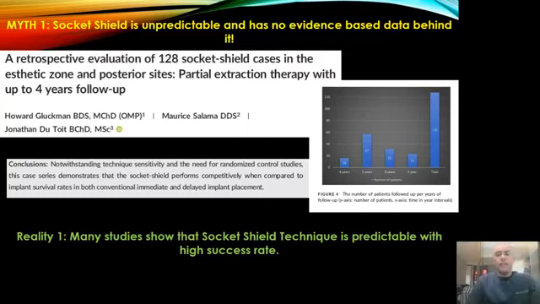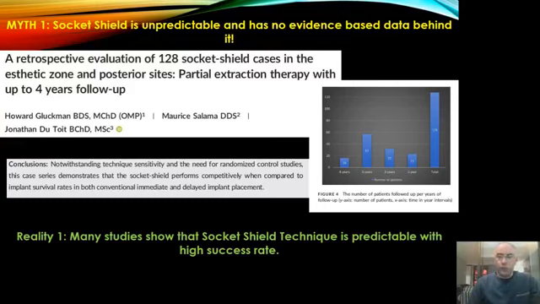Gluckman actually, Salama, and Du Toit from South Africa, and of course my good friend Maurice Salama, have been doing this long enough to have 128 socket shields to publish and show exactly what works and what doesn't work in the technique, showing what complications we have.